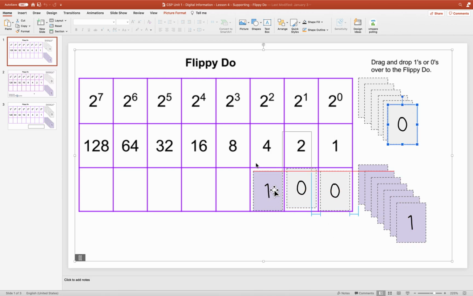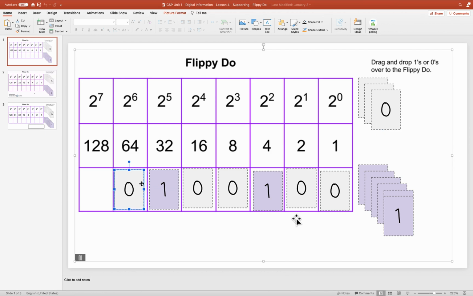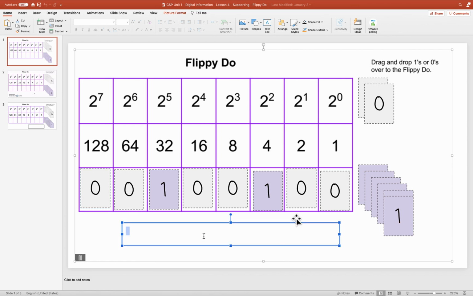We've got a 1 times 4, which is 4, and our 1 times 32, which is 32. We add them both together and we get 36. So this is our binary representation of decimal 36. 32 plus 4 equals 36.